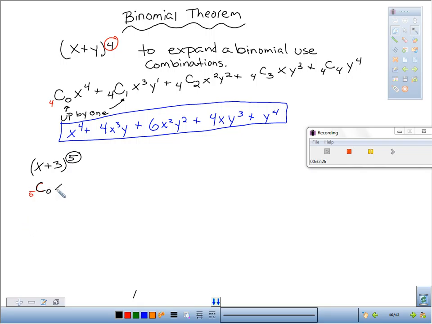Then you're going to have x to the 5th and 3 to the 0 power. Then you're going to have a combination of 5, choose 1, x to the 4th, and now 3 to the 1st.